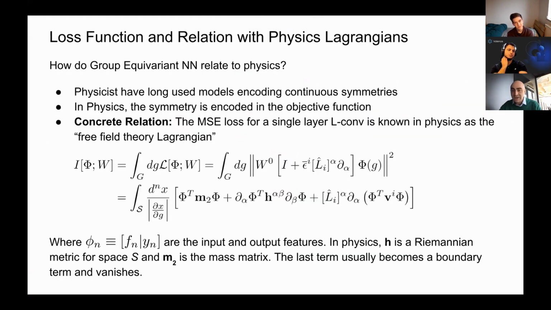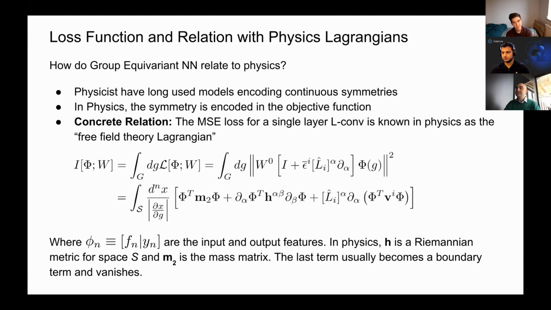So again, I don't know if there are any physicists in the audience, but one of the last things we discovered in the paper was this. Physicists have been trying to learn or have models that encode symmetries and that could be used for describing systems before.